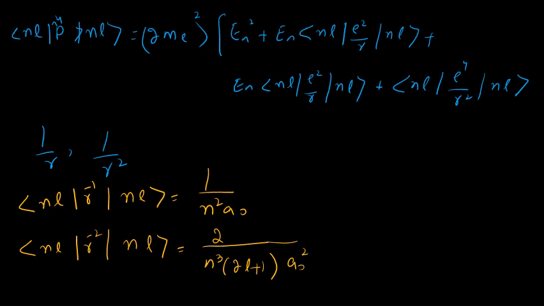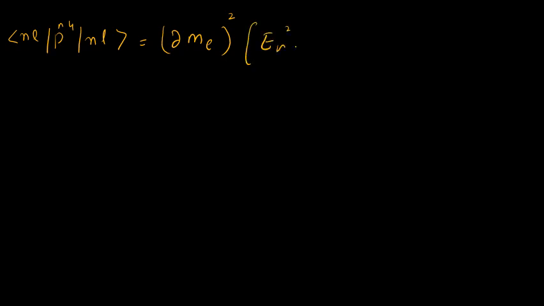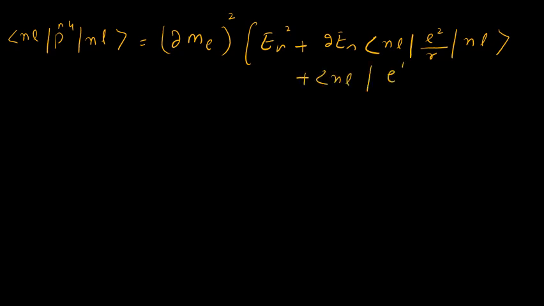So by inserting the values of 1 over r and 1 over r squared, our equation will be <nl|p^4|nl> equal to 2me squared into [En squared plus 2En <nl|e squared over r|nl> plus <nl|e^4 divided by r squared|nl>].